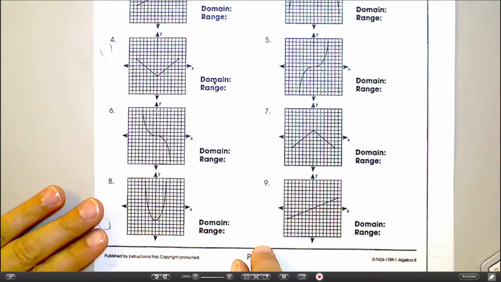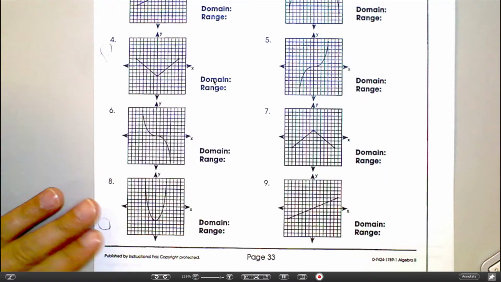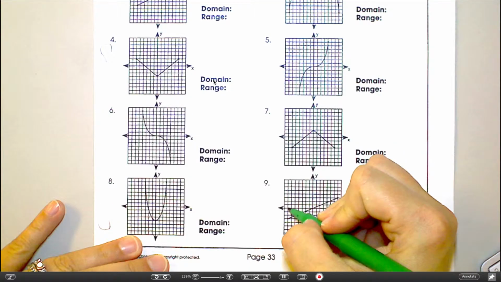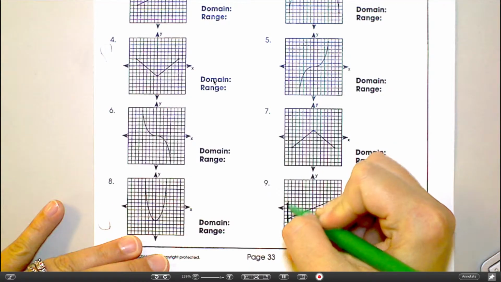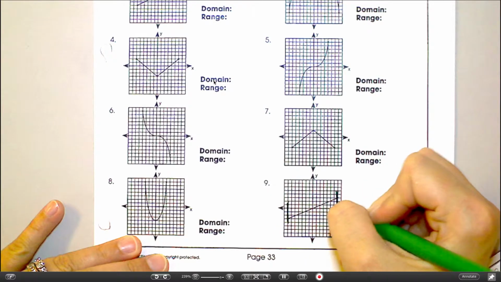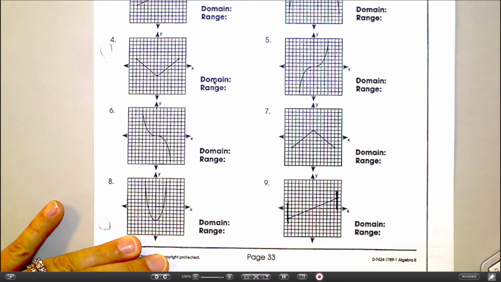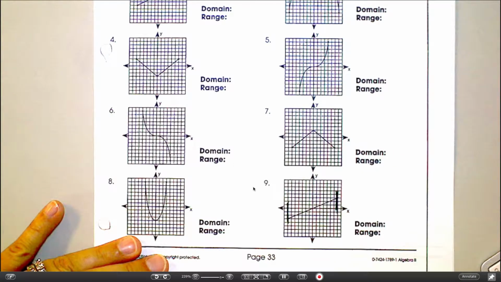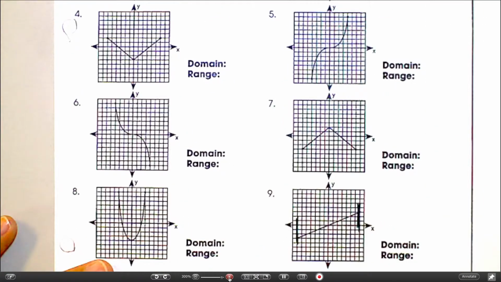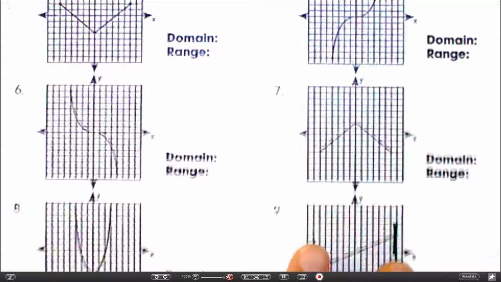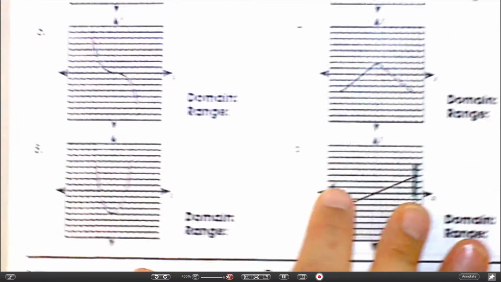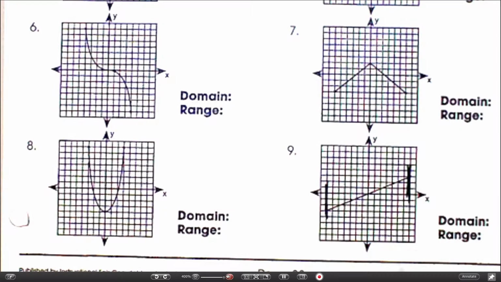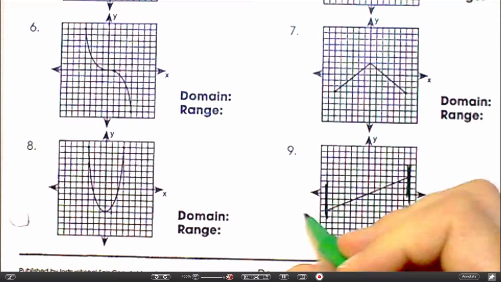Number 9, remember if I want to do domain, I want to go the farthest to the left and the farthest to the right that the graph goes. Okay, so here's the left, here's the right. Maybe I'll zoom this in some so you can see it better. Okay, and so this is -7?